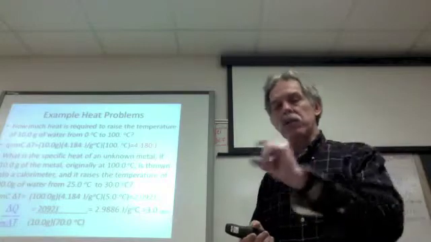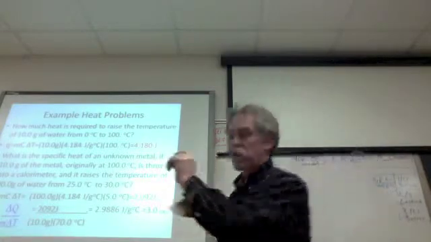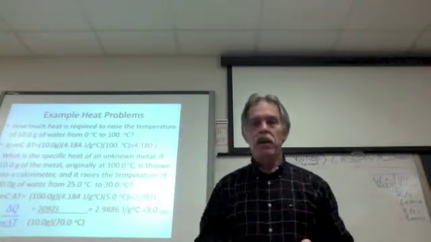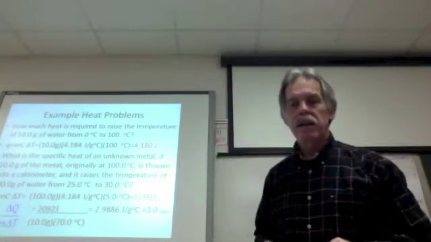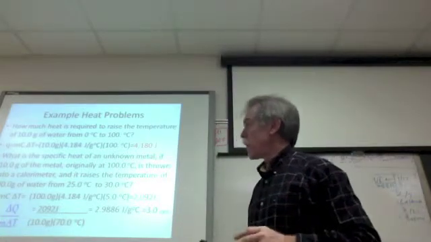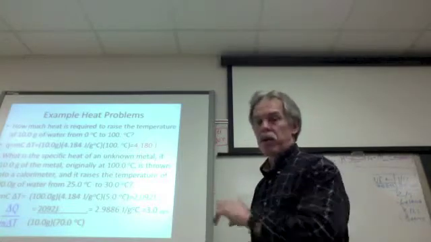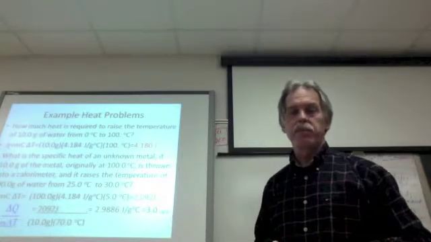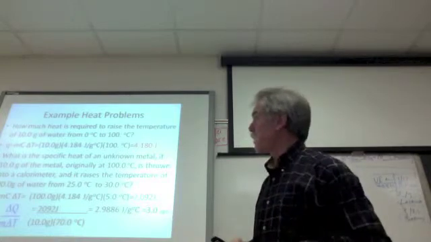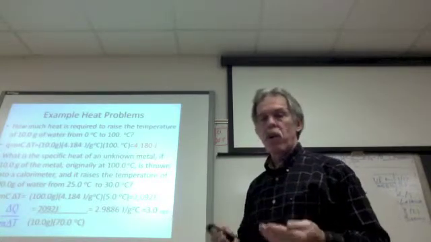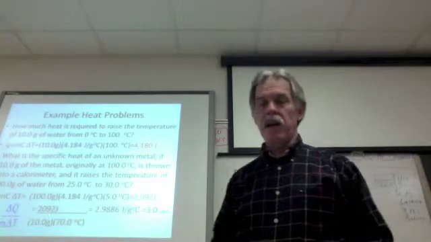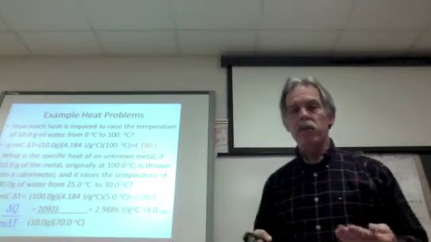The heat of water equals the heat of the metal, so then I plugged it into the other MC delta T. Same deal, and when you see that problem in the example heat problems, look over it. You could work it with the other method. Doesn't matter. You just pick one of those methods.